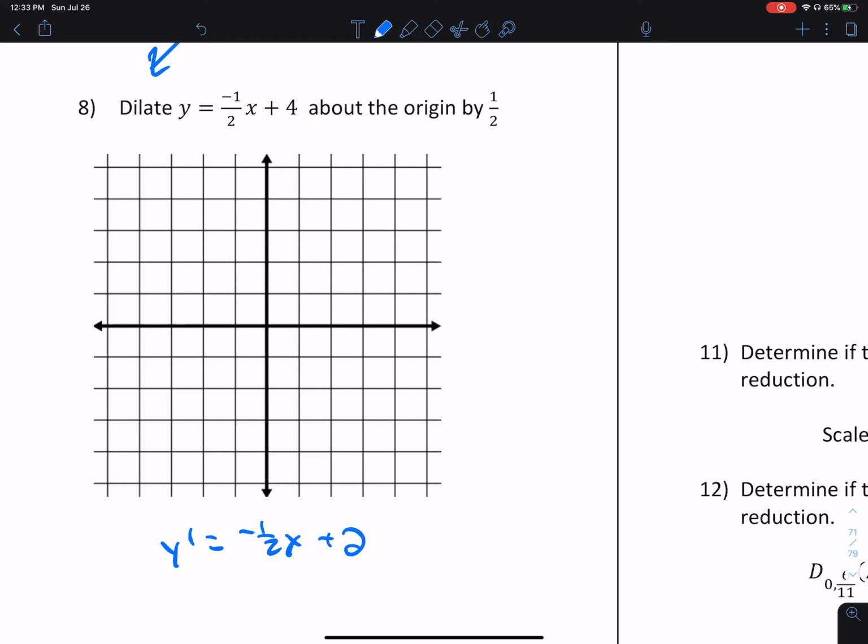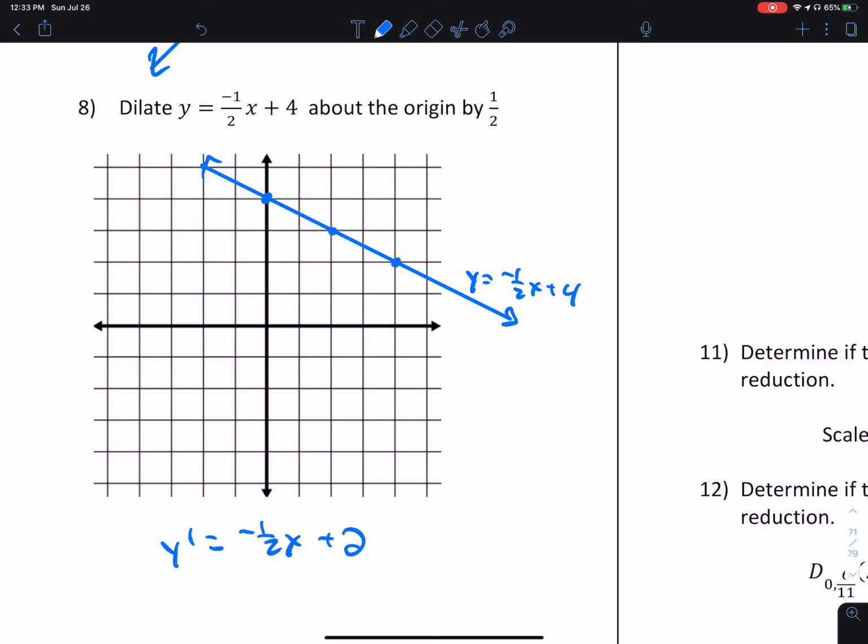Half of 4 is 2. So our original graph looks something like this. This is y equals -1/2 x plus 4.